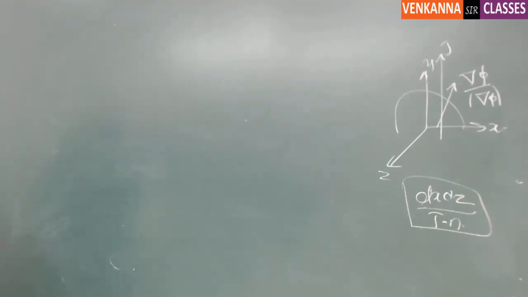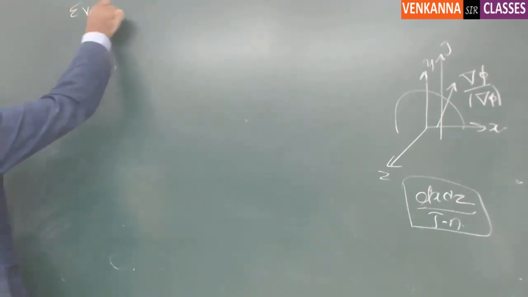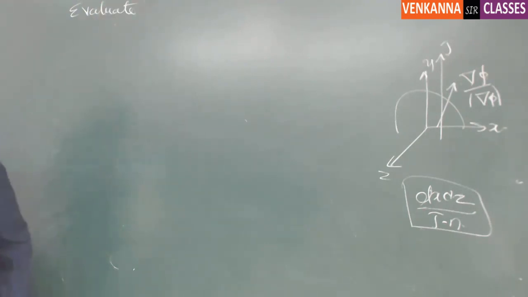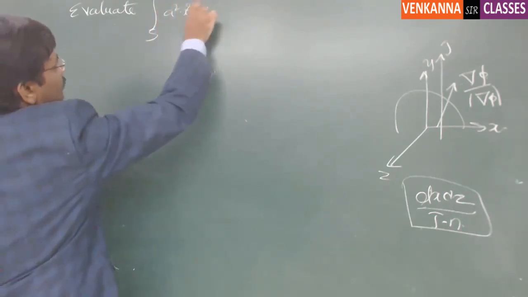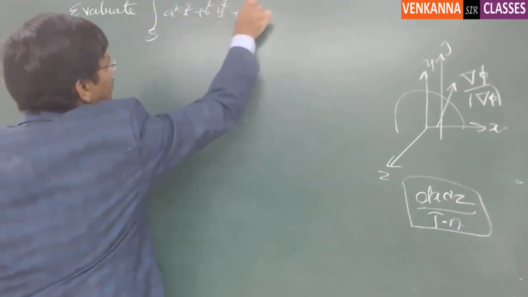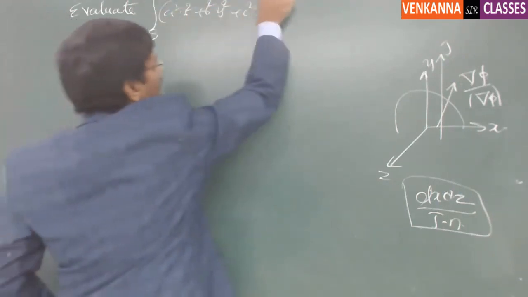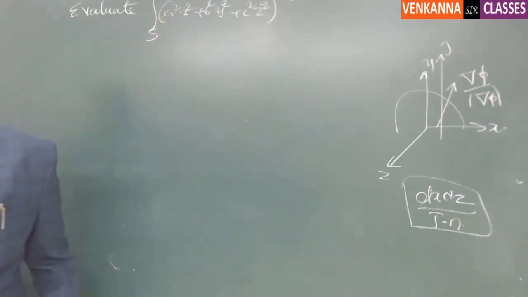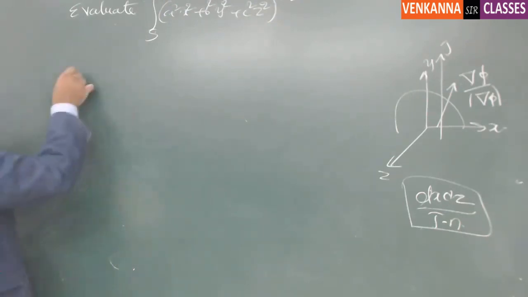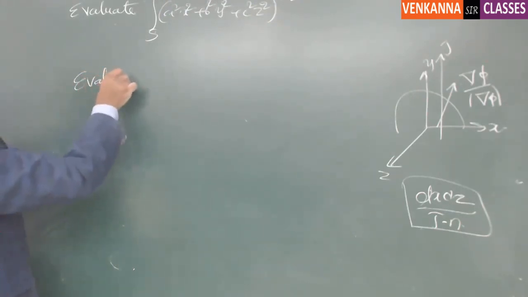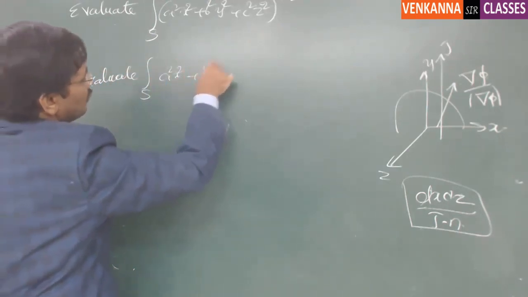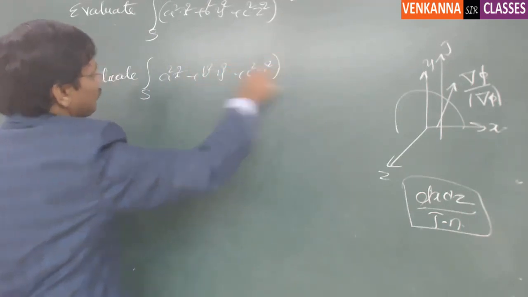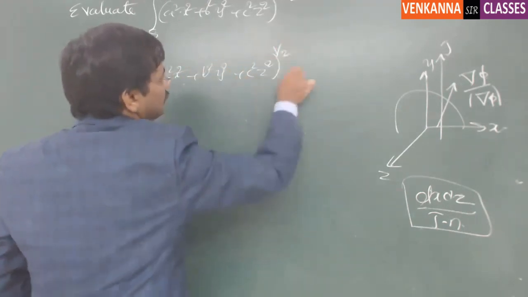Evaluate the integral over the surface S of (a²x² + b²y² + c²z²)^(-1/2) dS.